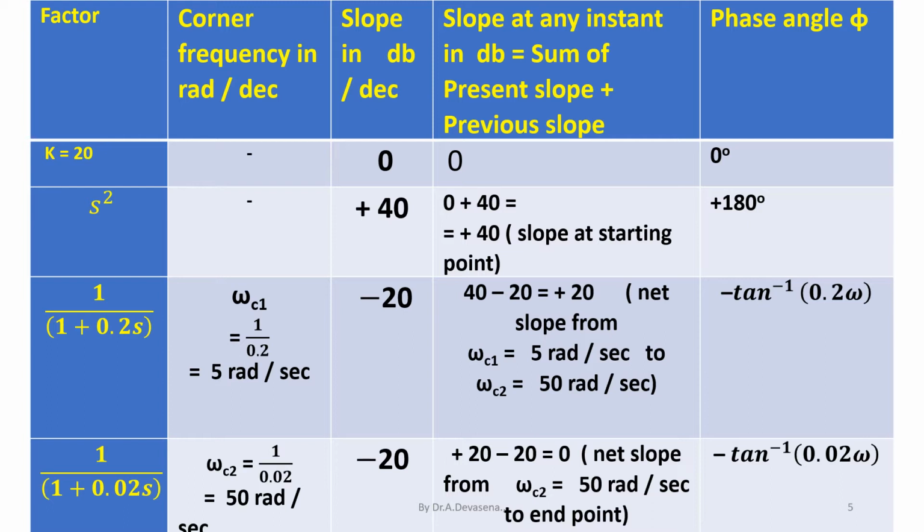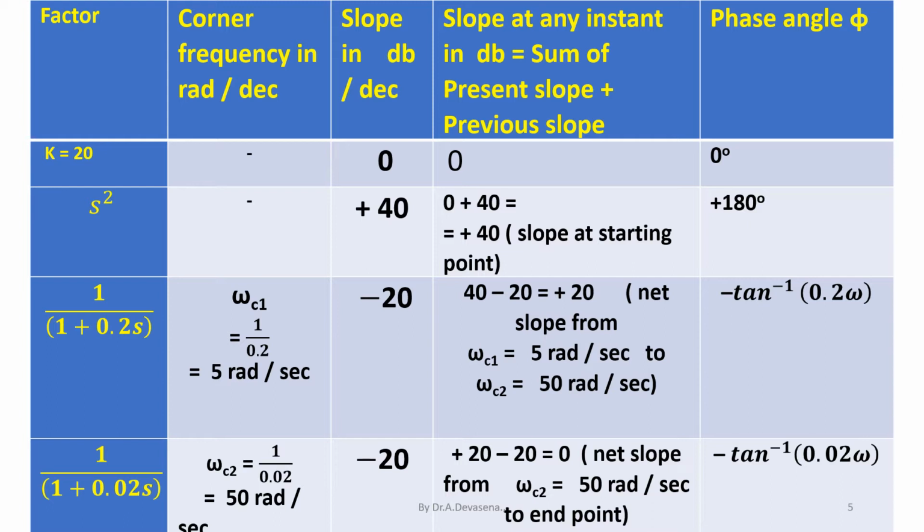This is a simple pole, so the slope is minus 20 dB. The previous slope is plus 40, present slope is minus 20, so the slope at any instant is 40 minus 20, that is equal to 20.